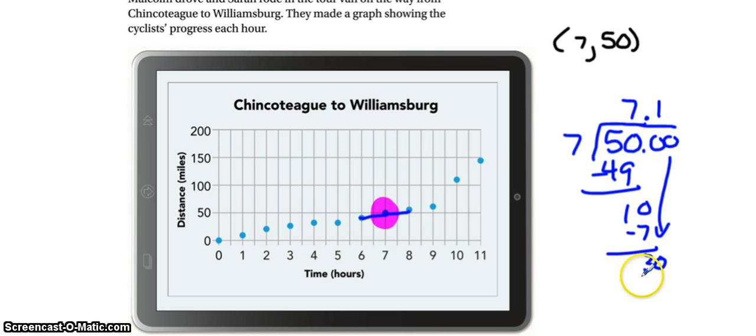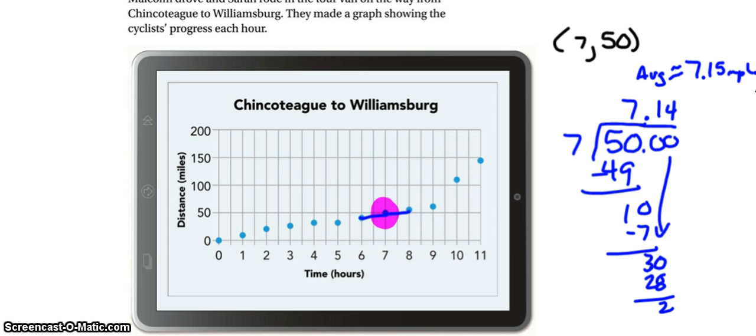Bring that down, 7 can go into 30 4 times, that's 28. Get a 2 left over. And this is going to be a repeating decimal when we divide by 7. So we're averaging right now, our average speed is about 7.15 miles per hour. Okay?